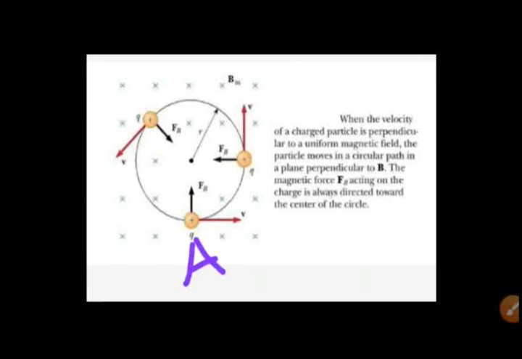To find out the direction of the magnetic force, we have to use right hand rule. So let us use it. Use the thumb of your right hand, stretch it in the direction of velocity, that is towards right. Stretch all other fingers towards magnetic field, that is in the direction of magnetic field, means into the plane.